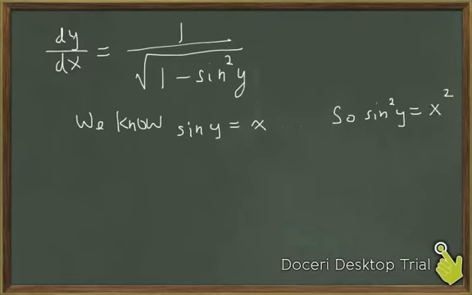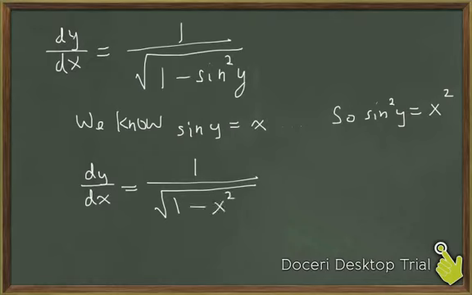We can substitute that, and you get that dy/dx equals 1 over the square root of 1 minus x squared.